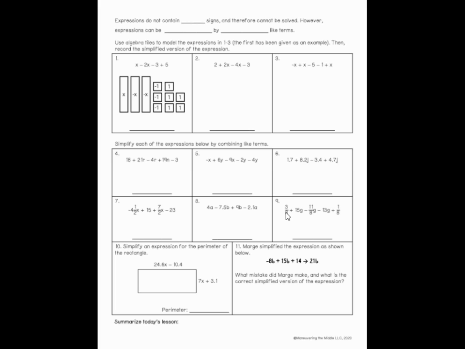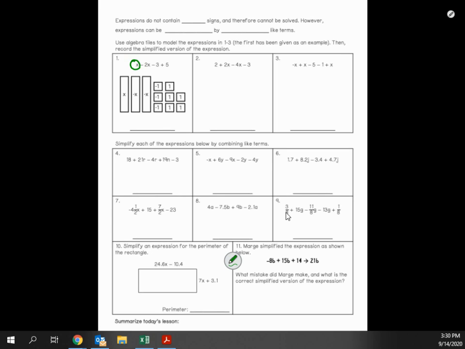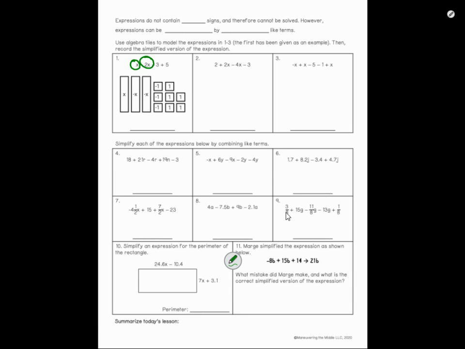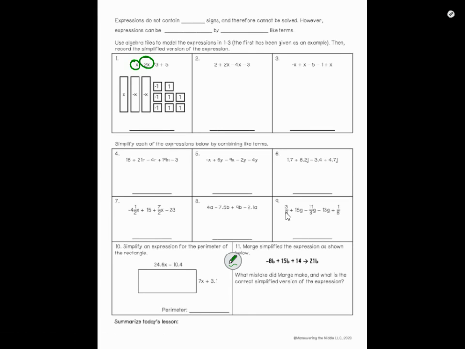So let's look at number 1. We're going to see that we have some like terms. x and minus 2x are like terms. 3 and 5 are like terms. Those are the things that we're going to combine. If we look at our picture, we have algebra tiles, a positive x and 2 negative x's.